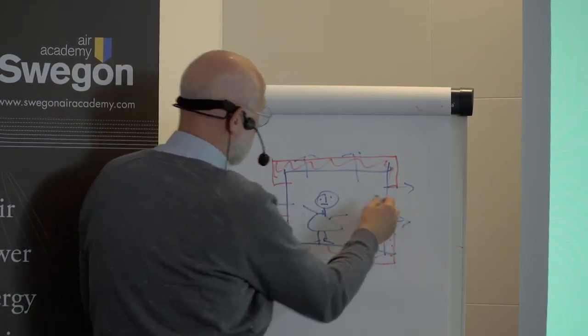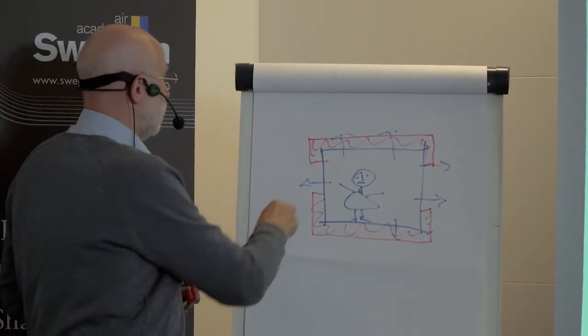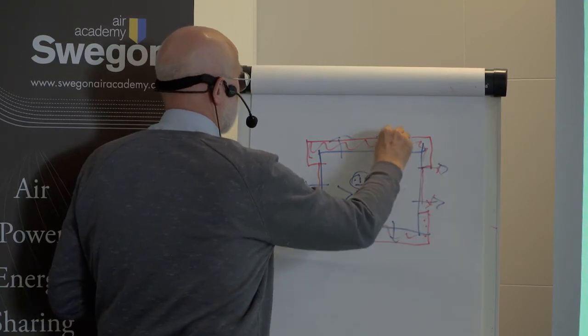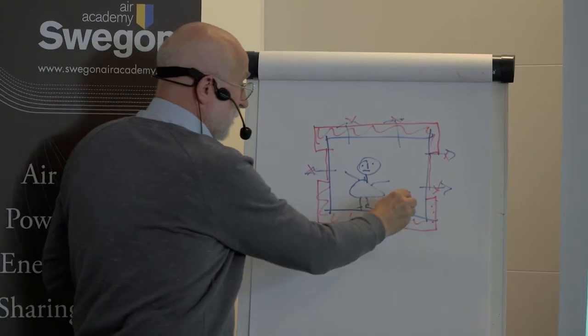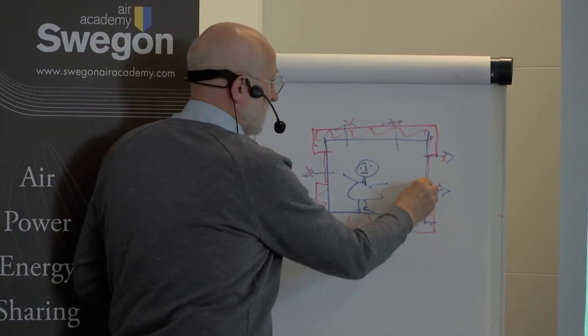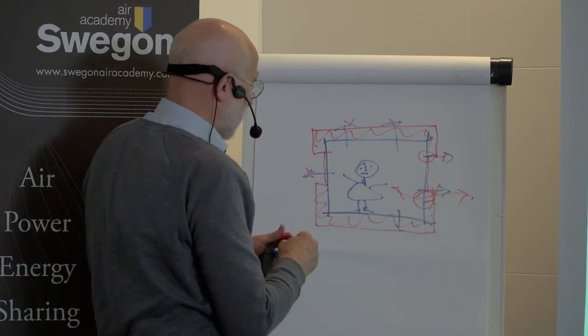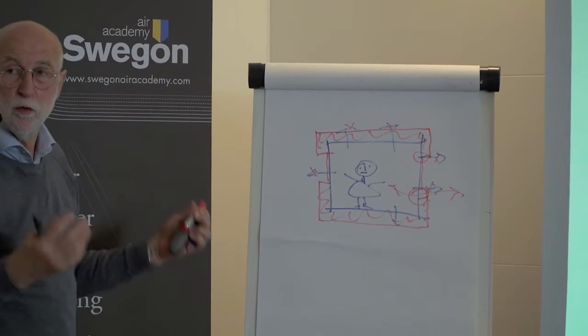But since we want to see out, we have windows, and we have to make good windows so that we don't lose energy through the windows, not only through the building shell. We have to make it airtight so that we don't have uncontrolled air ventilation. And with this and no thermal bridges, we have reduced the demand very much.